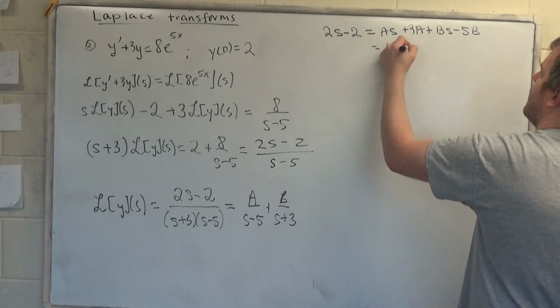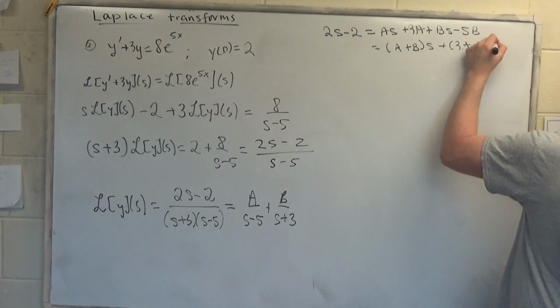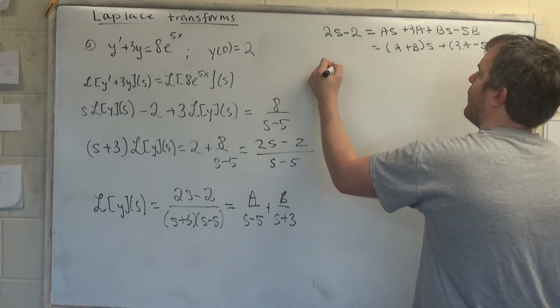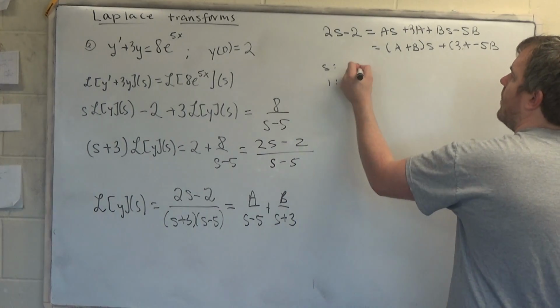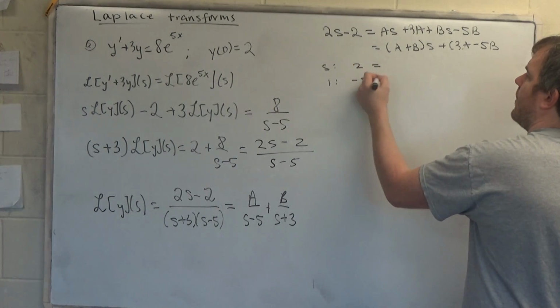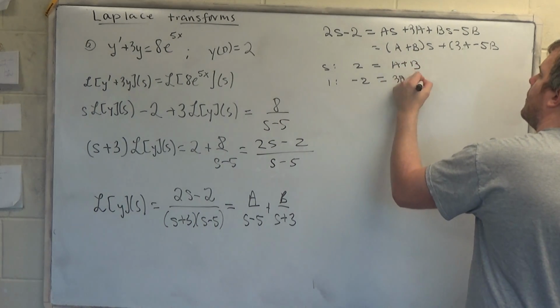Collecting terms, we get a plus b times s plus 3a minus 5b. So equating the coefficients of s and the constant, we get 2 and negative 2 on the left, and a plus b and 3a minus 5b.